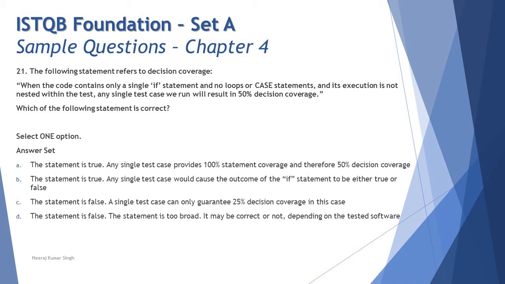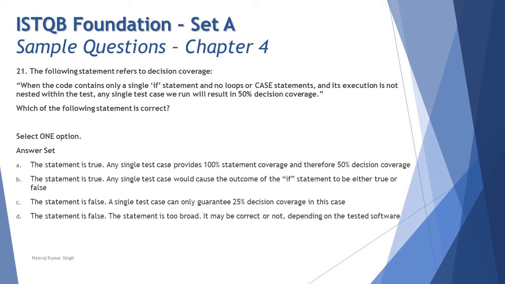Now, of course, the first thing you need to recall from your learning is what exactly an if statement stands for. The if statement generally has two outcomes, which is true or false. So a condition can be true, can be false, but you have a pseudocode, so you have a provision to define whether it has case statements or loops possible in that, and whether it has any other if inside this or not.